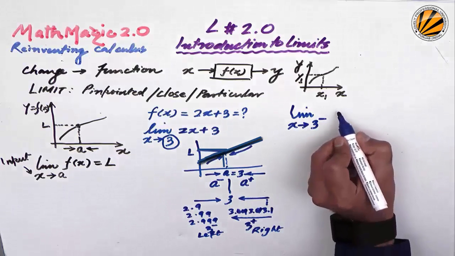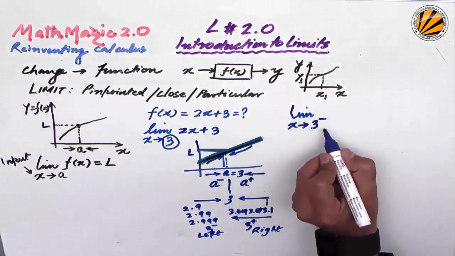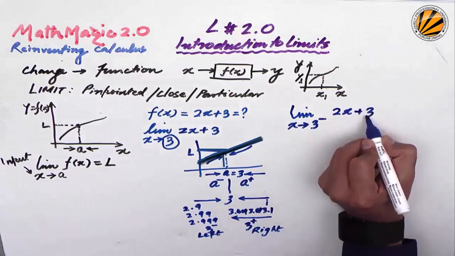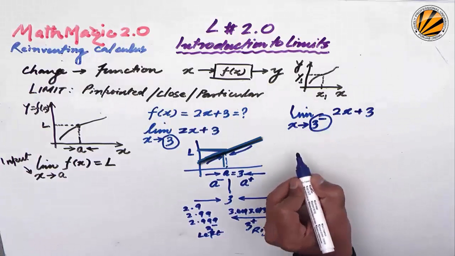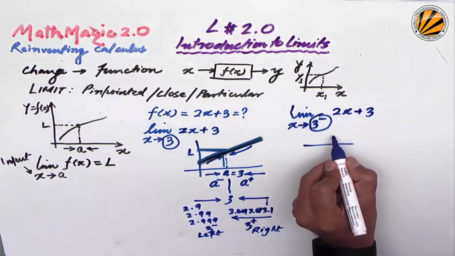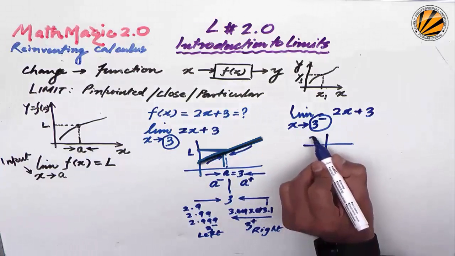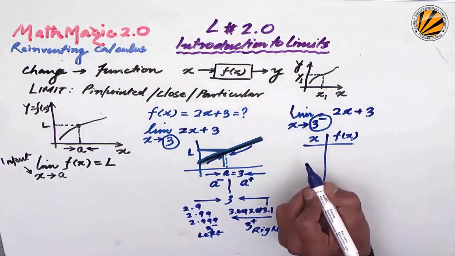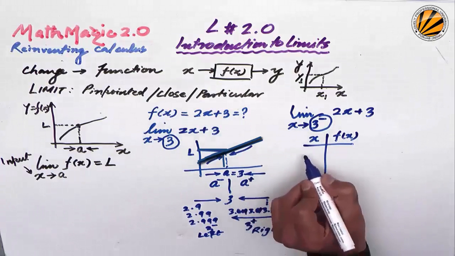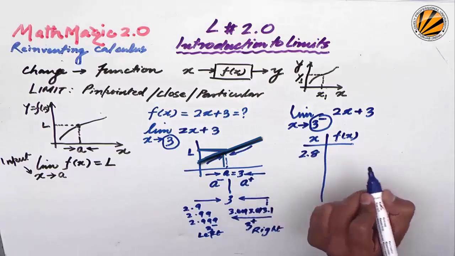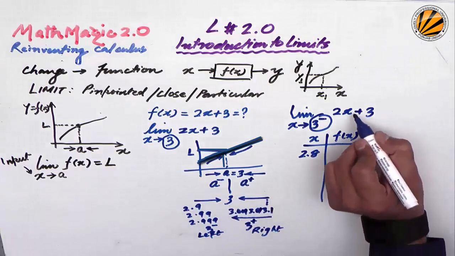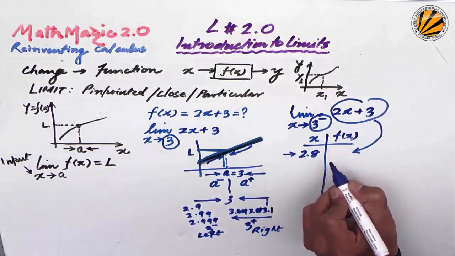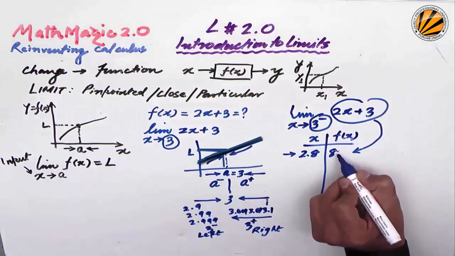Let us look at the limit approaching from the left hand for the function 2x plus 3, and our focus point is 3. If I draw the table as we have already drawn earlier, the input value and the function's output. Because it is being approached from the left hand side, it will start from 2.8, and the output for this input would be 8.6.